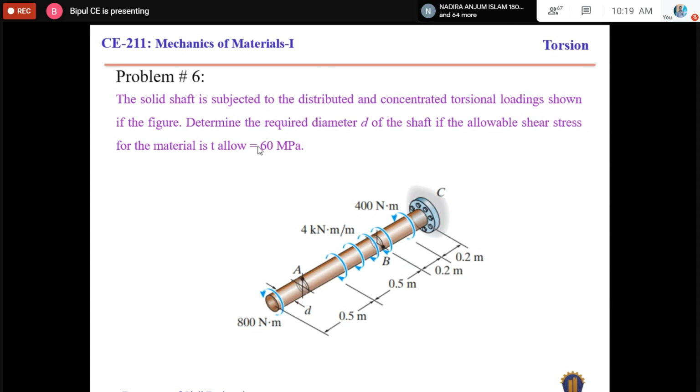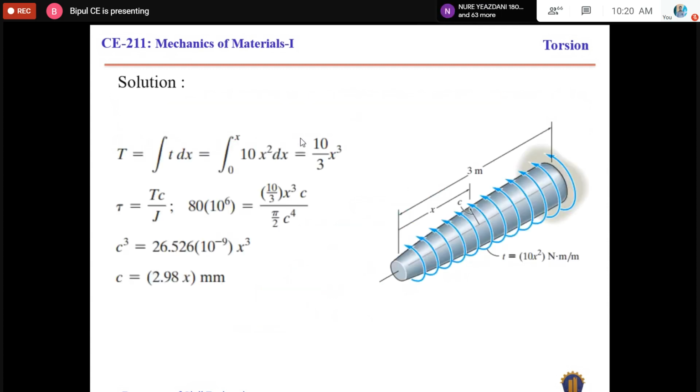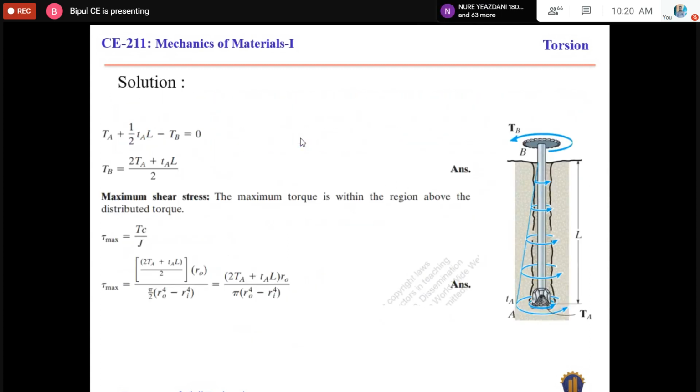So we have to determine the location where the shear stress will be maximum, and we know the equation of shear stress due to torque is T rho by J, and the equation of maximum shear stress is T C by J.